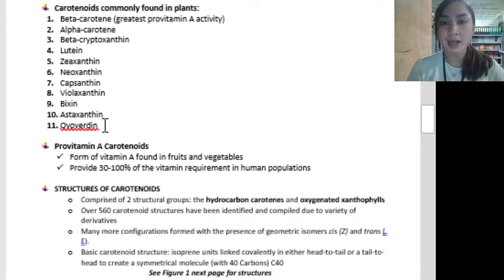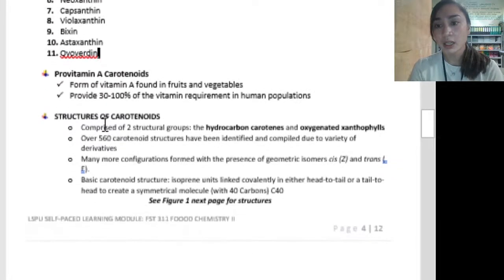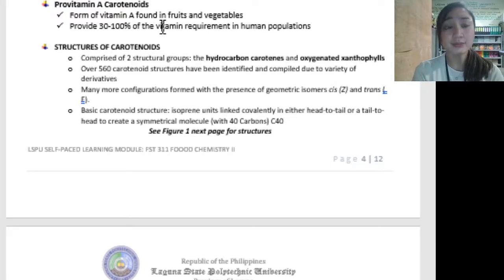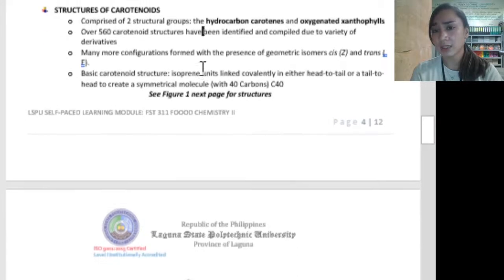There are many other classifications, but these are the common ones that we see in plants. The provitamin A of carotenoids is the form of vitamin A found in fruits and vegetables. Every time I mention provitamin A, just know that that is the form of vitamin A that you find in fruits and vegetables. It basically provides 30 to 100% of the vitamin requirement. So that's big.